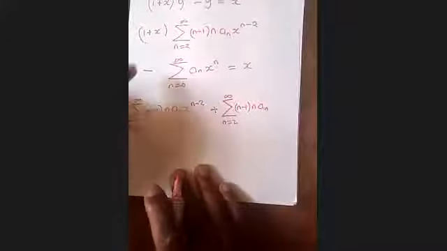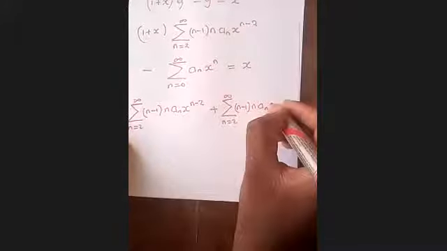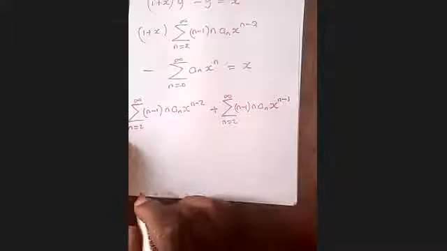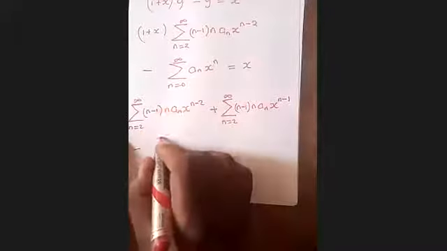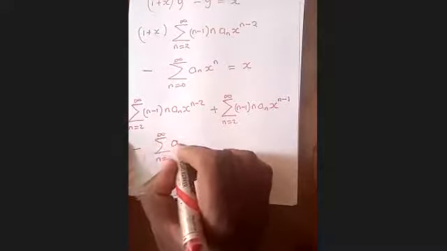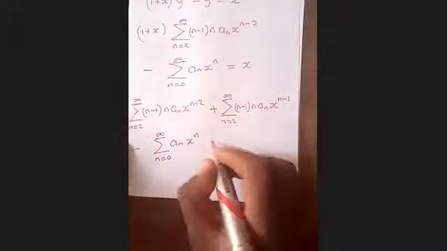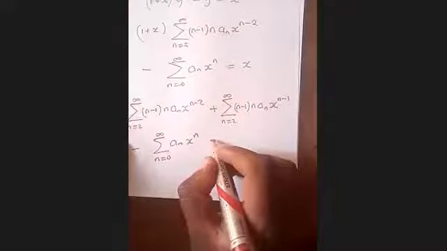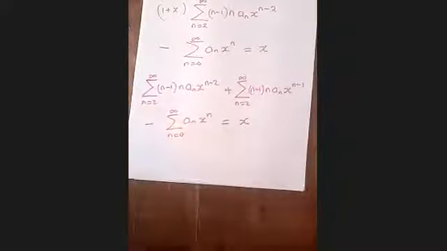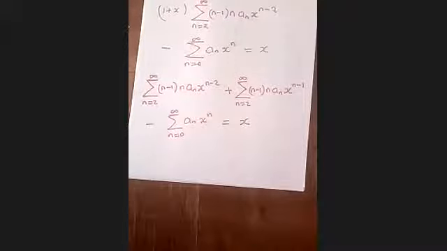Now I'm multiplying this x by this series. So this is x to the n minus 2, so this will become x to the n minus 1. Then this remains the same, so it's minus summation n from 0 of a n x to the n. And the right-hand side is equal to x. Are we together? Yes.